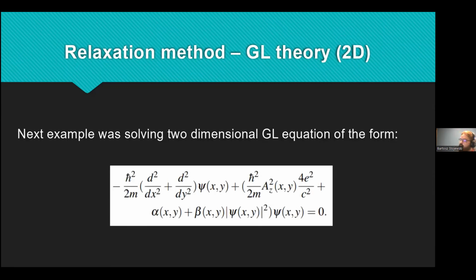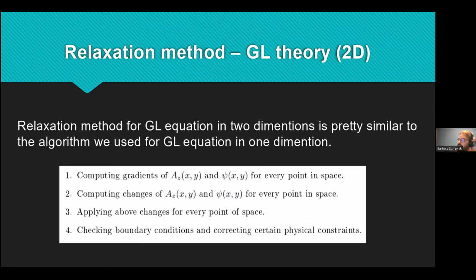The next example was solving the two-dimensional Ginzburg-Landau equation, in the form shown below. At first, we consider the case of a zero magnetic field, which implies that Az is equal to 0, and one part of the equation, the one with Az in it, will equal 0. The relaxation method for the Ginzburg-Landau equation in 2 dimensions is pretty similar to the algorithm we used in 1 dimension.